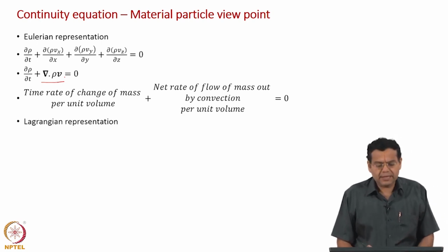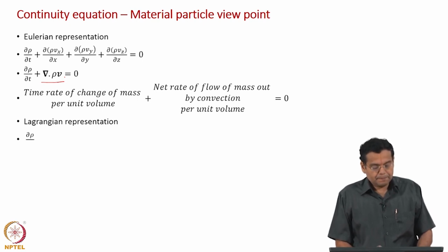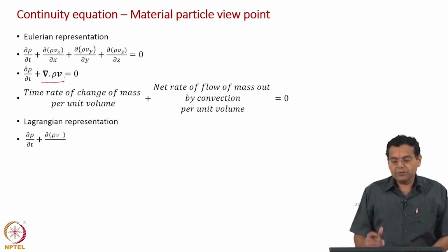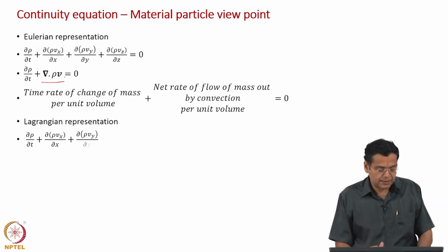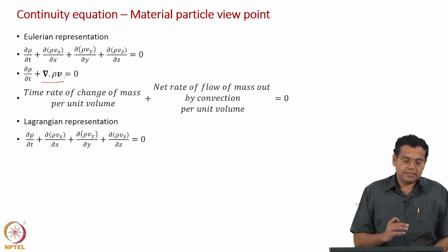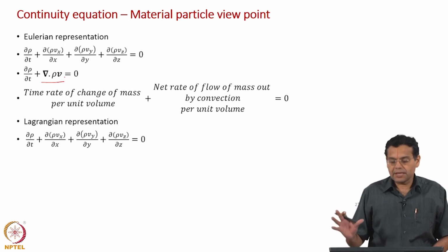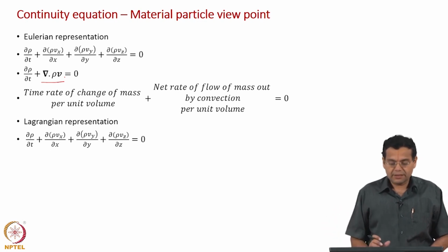How do you represent the Lagrangian form? As we have done for the linear momentum balance, remember when we expressed the linear momentum balance in material particle viewpoint, we rearranged the left hand side only, the transient term and then the convection term. The right hand side was still the sum of forces acting.